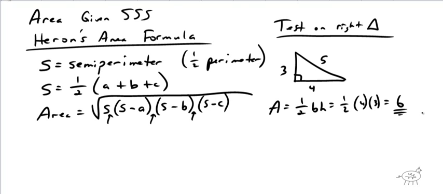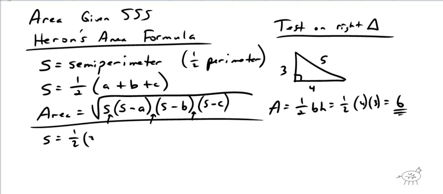Let's use Heron's formula. So first of all, let's go down here. S, the semi-perimeter, is 1/2 times 3 plus 4 plus 5. So it's half of 12, which is 6.